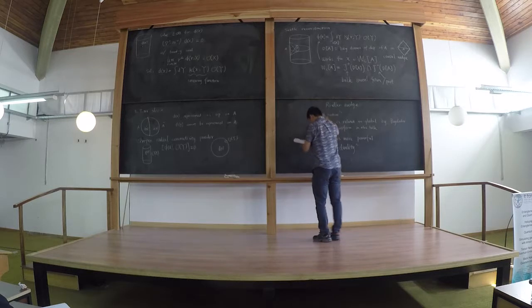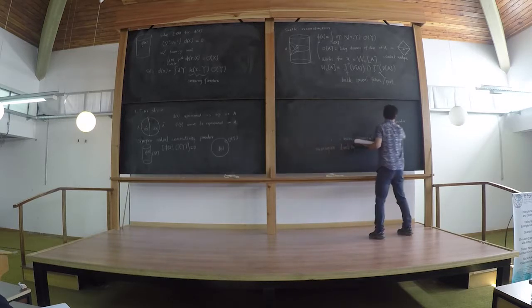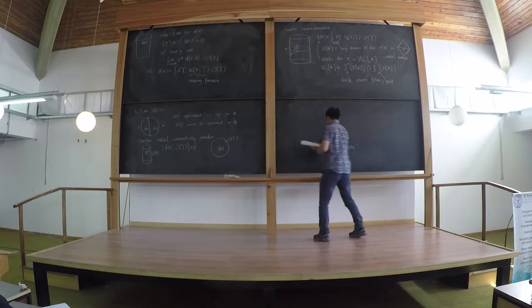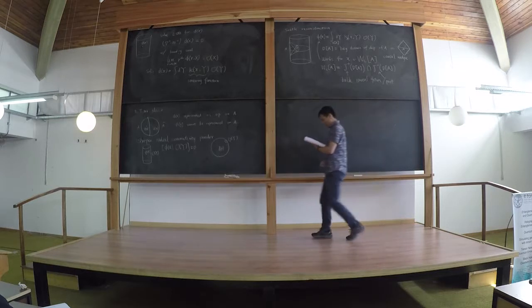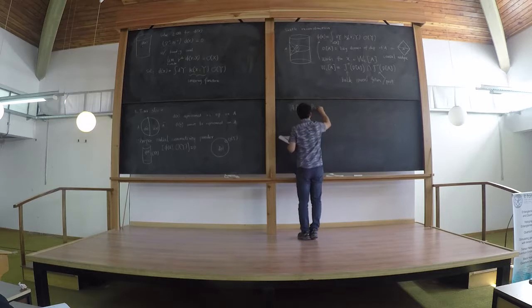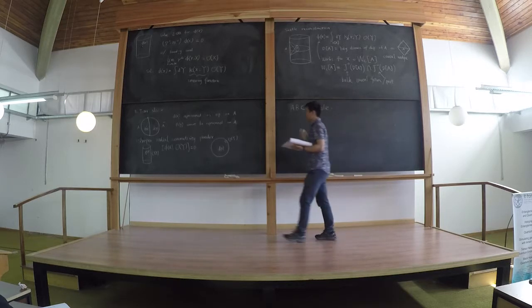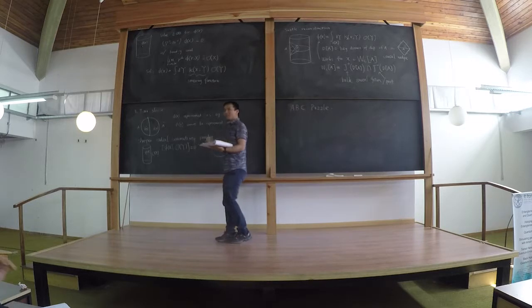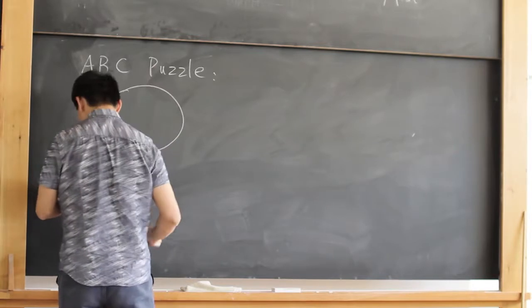So before I solve this puzzle, let me introduce another one, which will be quite motivating for us eventually. I call this the ABC puzzle. The ABC puzzle is, in some sense, a different aspect of this, but it's good to still have it.